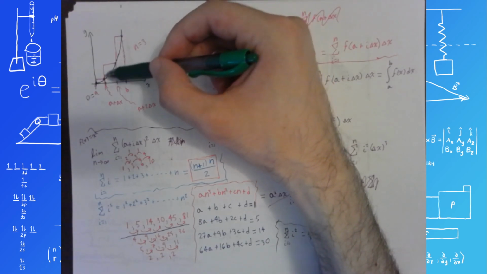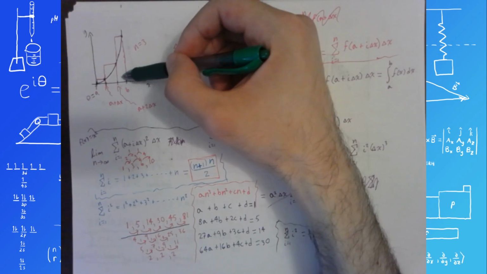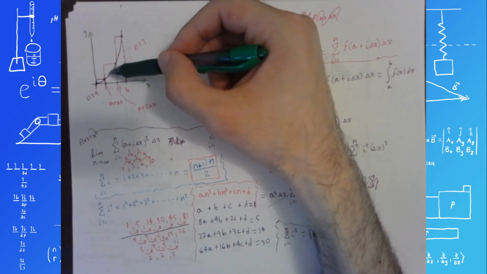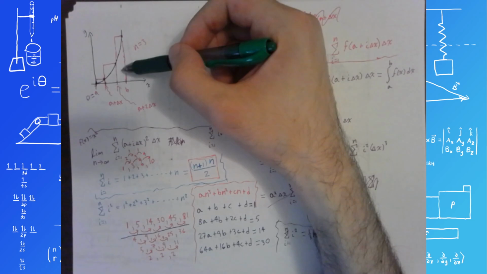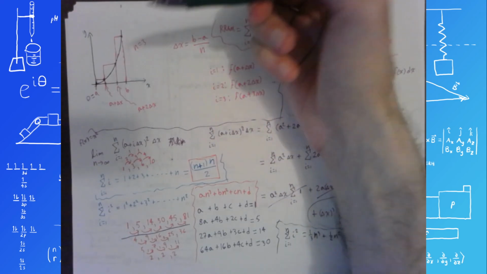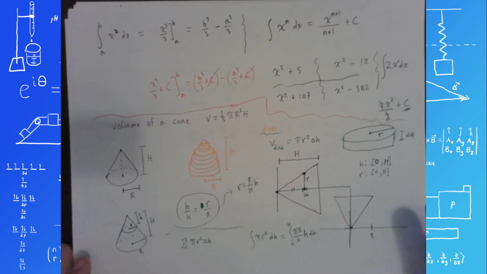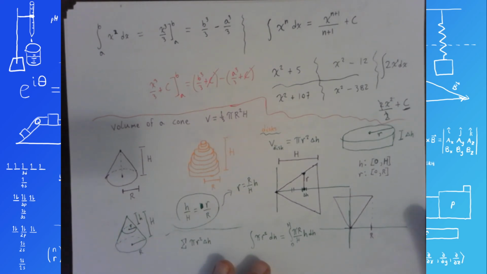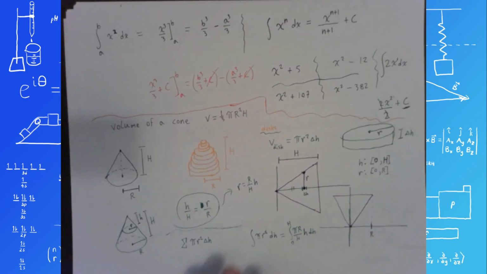So if it was 3x squared, each of these rectangles would be 3 times as tall, but they would still have the same width, so they would end up having 3 times the area. So multiplying your function by a constant has the effect of just multiplying the end result by that same constant. That's all it really does, so I can factor it out of the integral and save it for later.